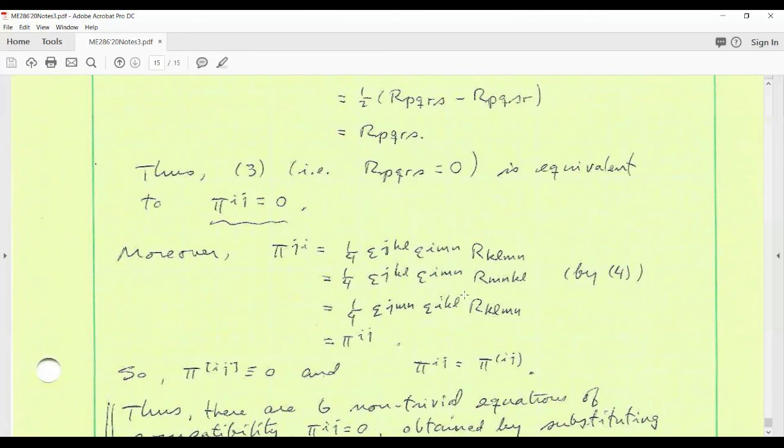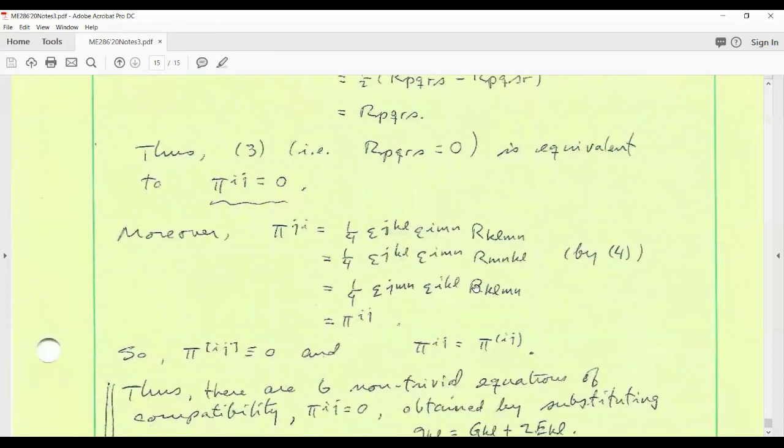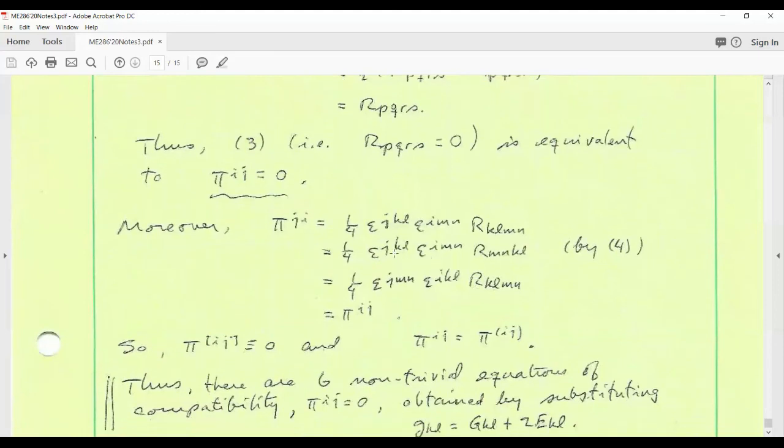Right? Now, these are simply summation indices. K and L are summed, M and N are summed. It doesn't matter what I call them. Let's replace KL by MN consistently. So wherever I see a KL, I replace it by MN.